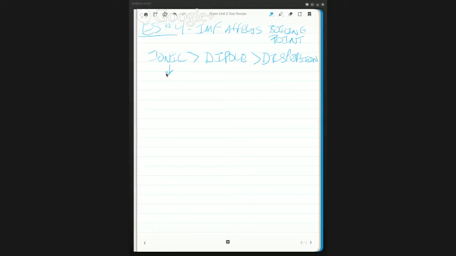And ionic is a salt, like NaCl. Those are cation plus anion, right? It's the attraction between the cation and the anion. Dipole, an example of that would be H2O, which is polar. It just so happens that water also has hydrogen bonds. And then dispersion, an example of that could be methane, CH4, which is non-polar.